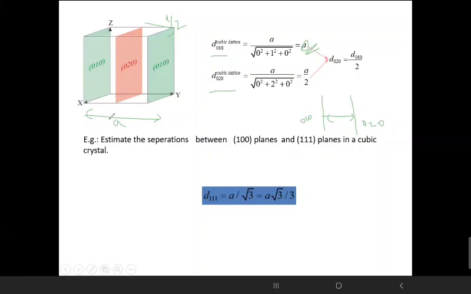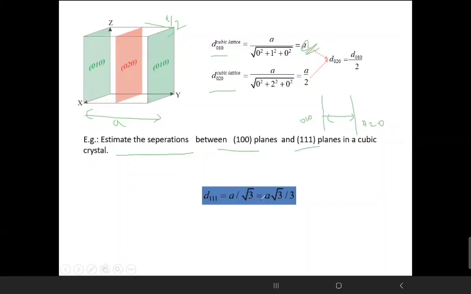So by using this formula, you can easily find the distance between two parallel planes. Here they gave an example: estimate the separations between 100 planes and 111 planes in a cubic crystal. For the 100 plane, it is obviously a over the square root of 1 squared plus 0 squared plus 0 squared, that is a.